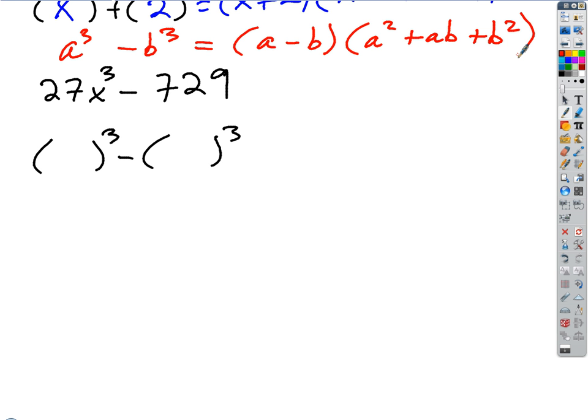Now the second one is a big number, but you're going to know those pretty soon. 729 is the perfect cube that goes with 9. That's 9 cubed. The cubes get big in a hurry, don't they? So B is 9, right? What about the A? 3x, right? Good. Because 3 cubed is 27 and x cubed is x cubed, right?